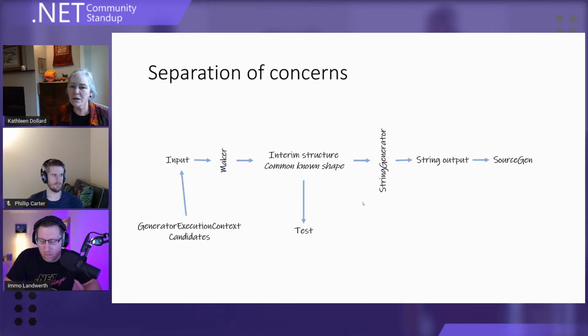All right, the next thing I want to do is see if my interim structure is right. If the interim structure is right, I want to test the string output in two ways. The first thing I want to do is test fragments. This is where our unit test ideas really make sense. I'm not going to say, tell me what the file is going to look like.